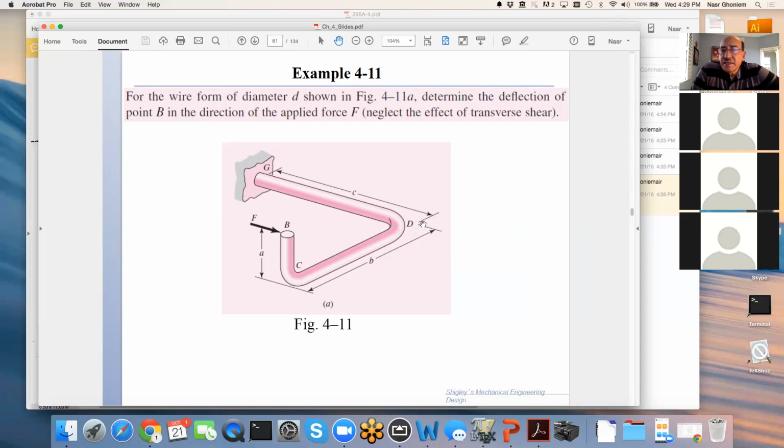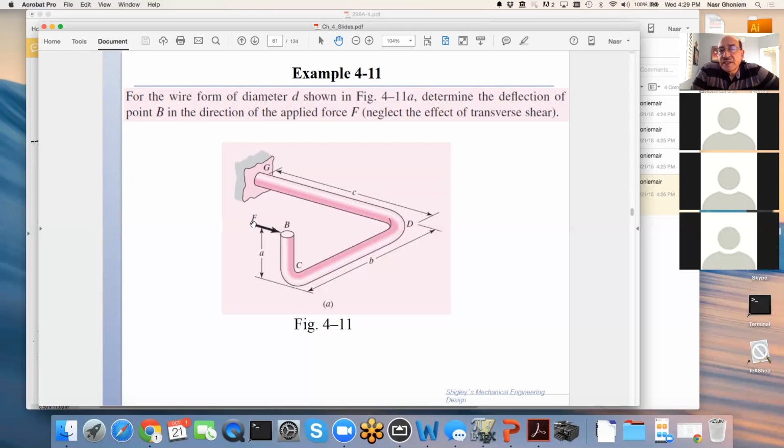If I cut it here, I have to calculate the energy stored in CD, and then the section from D to G, I have to cut it and calculate the energy stored in that section. Once I have the energy stored in terms of forces and moments and torques, then I can take the derivative with respect to this force F and find the deflection.